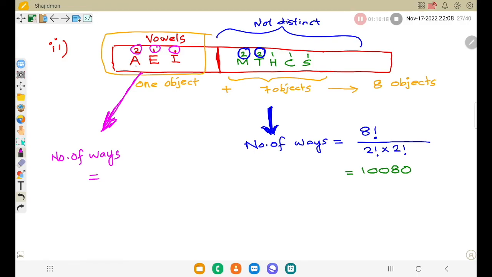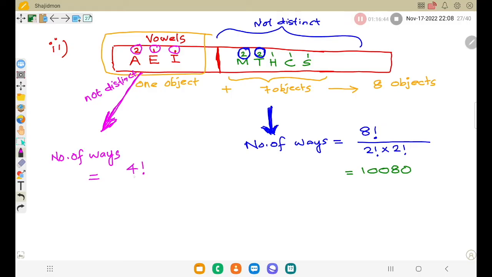And A comes 2 times, so is it distinct or not distinct? Not distinct, because A comes 2 times. So how many permutations can we form? We just use the rule n factorial divided by p1 factorial, p2 factorial. So how can we write, students, how many objects are there? 2 plus 1 plus 1, 4.